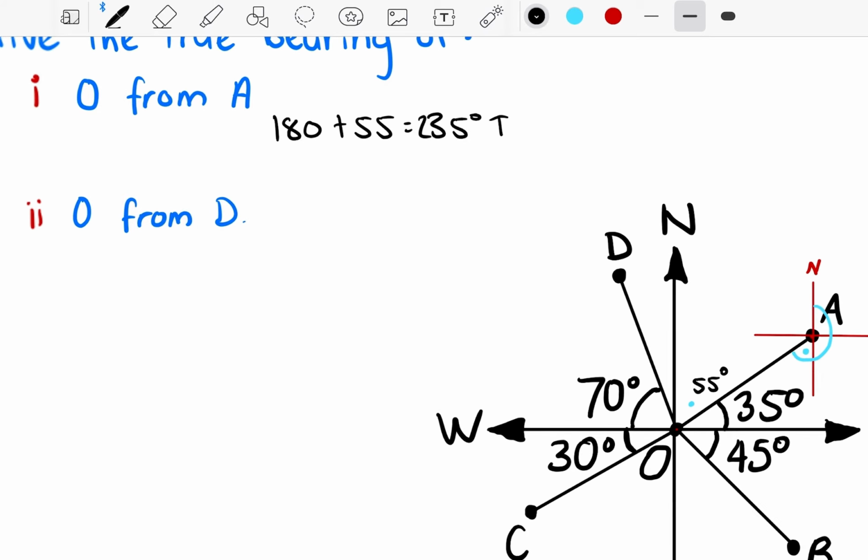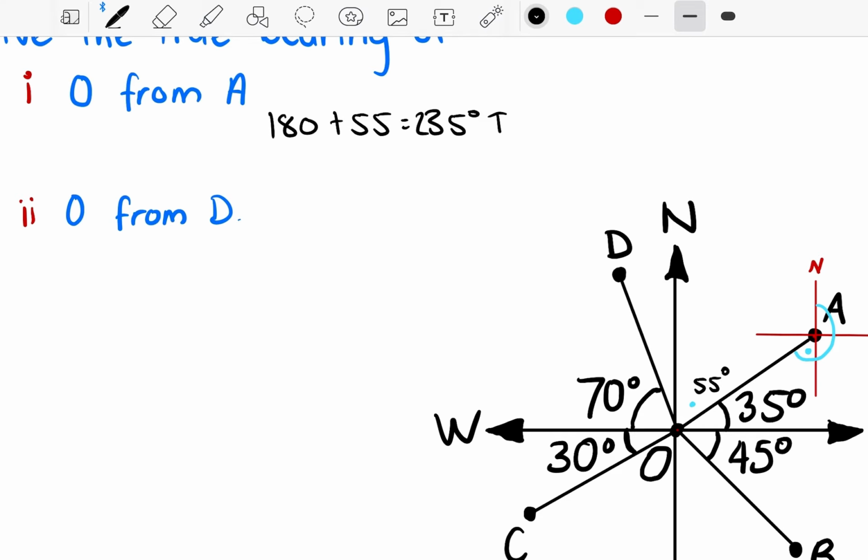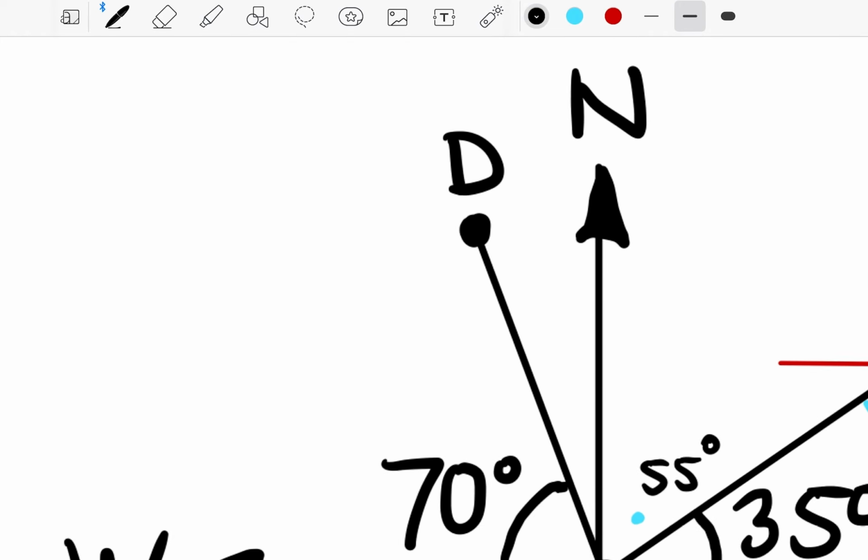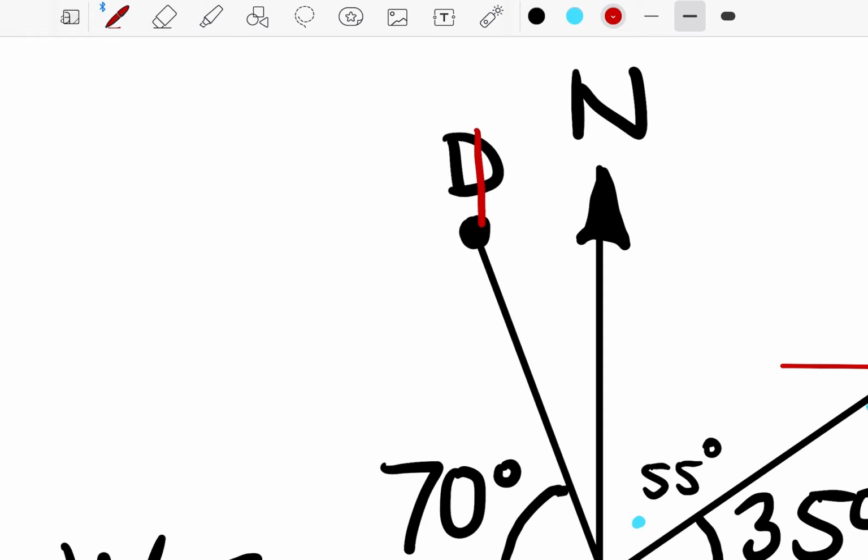So that's how we approach these ones: we draw our own set here and start from there. The other one we've got to do is O from D. That means we've started up here at D. So we're going to draw a new compass here, and that's north. Always start at north whenever we do anything.